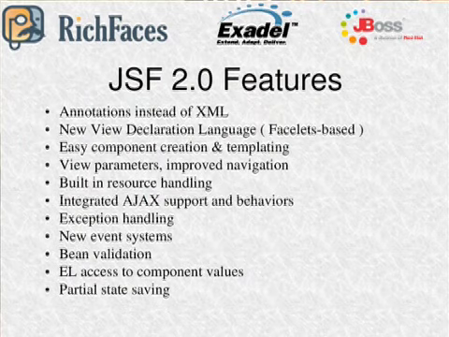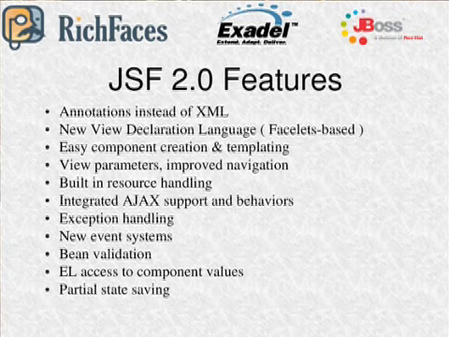The key features of JSF 2.0, in no certain order. It uses annotations instead of XML configuration, which makes application development and configuration simpler. It uses a new view declaration language, which comes from the Facelets project.